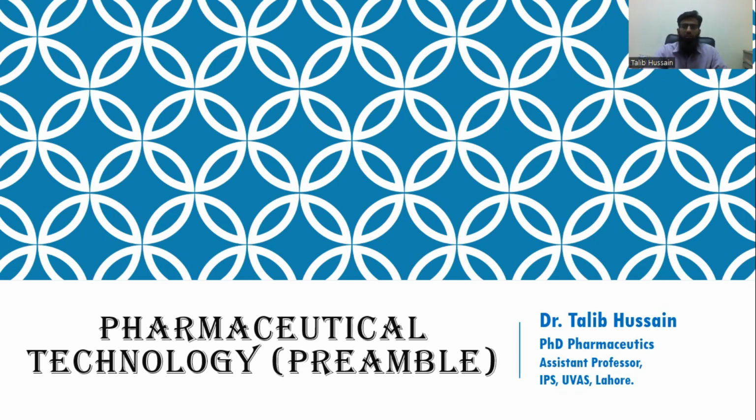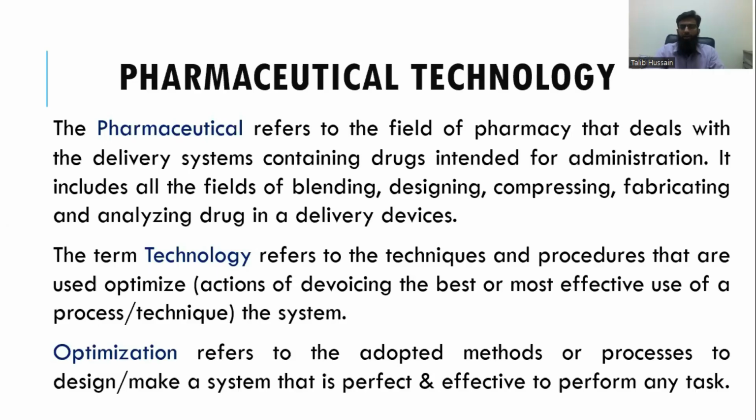So let's start with the pharmaceutical. Pharmaceutical, as I described, is a term or a field of pharmacy which deals with the dosage forms, or the form in which the drug is actually available for delivery or for administration to a physiological body, known as a drug delivery system, and it will include all the fields of laboratory based formulation or industry based formulation.